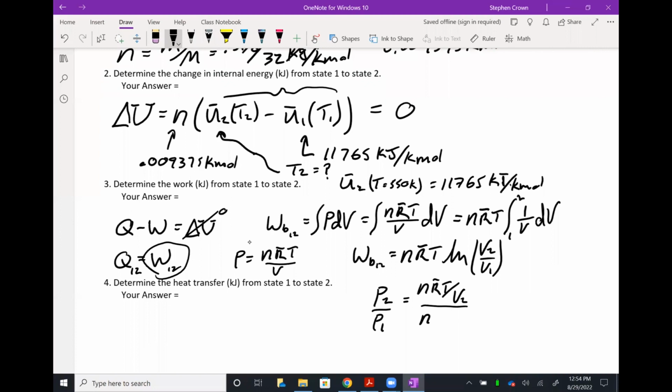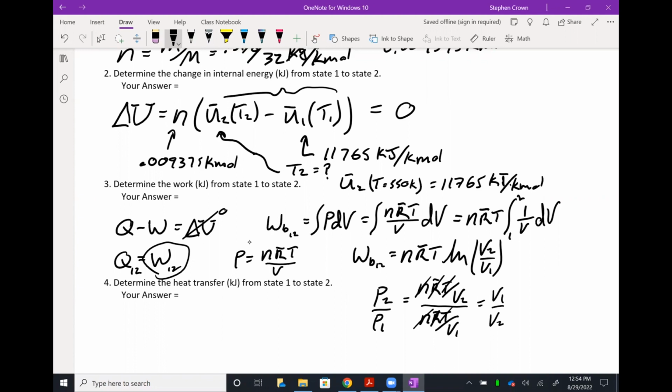And why am I not using T2 or T1? Well, it's not changing in the process. So the n cancels, the n doesn't change, R bar doesn't change, T doesn't change. And so I'm left with V1 over V2 is equivalent to P2 over P1.